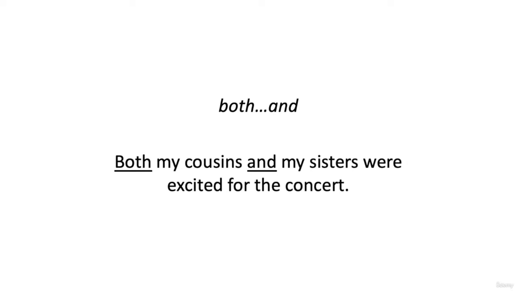This sentence means that Sam and Josie are doing the same thing. They are not going to the party. "Both and" is used for emphasis. Both my cousins and my sisters are excited for the concert.